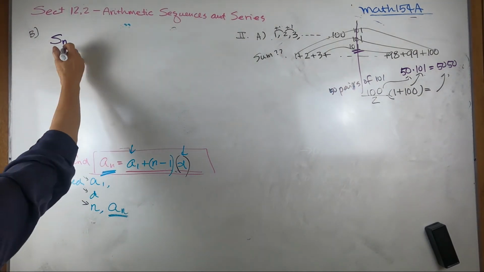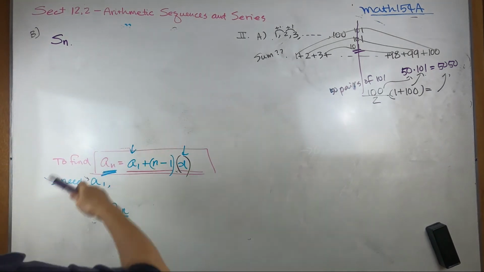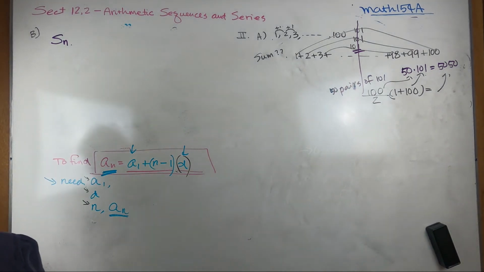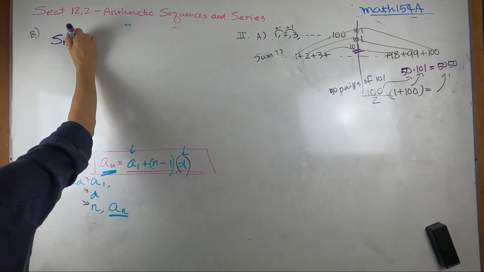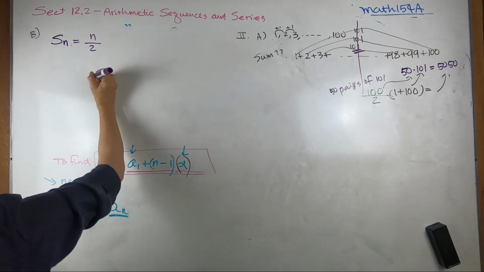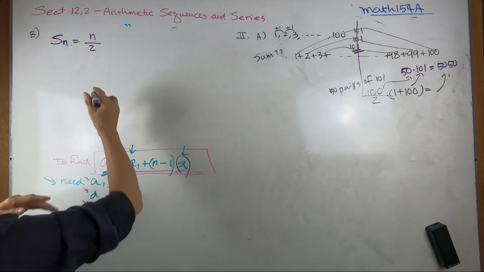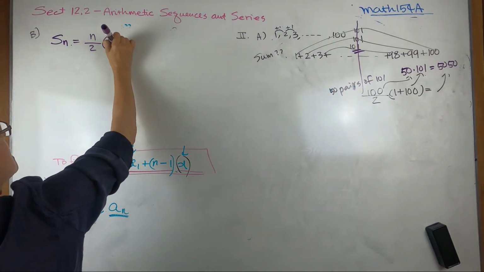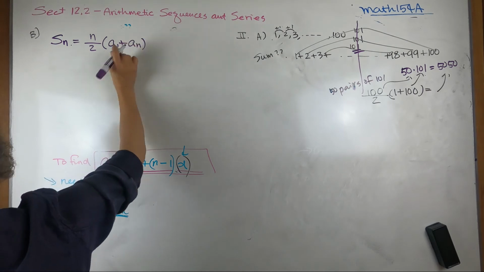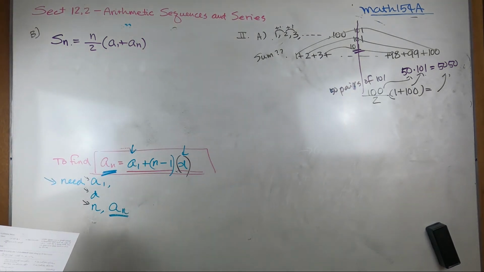The sum up to how many? 100 terms, so n is 100. That will be half of the total terms, 100 half is 50. Then you do what? The first one plus the last one. So that's how we find our total. Okay?